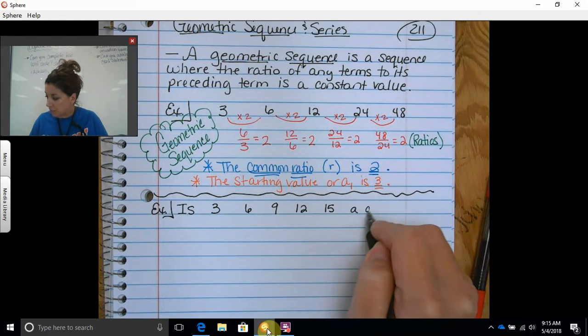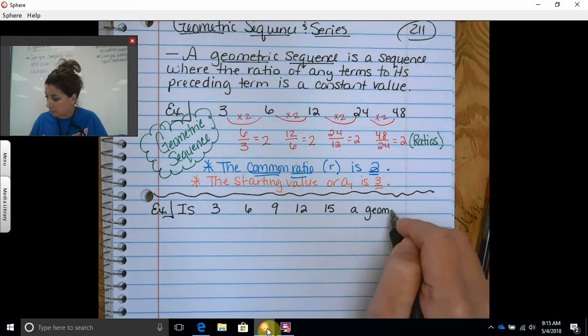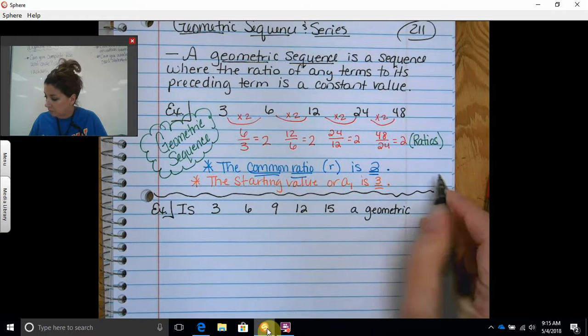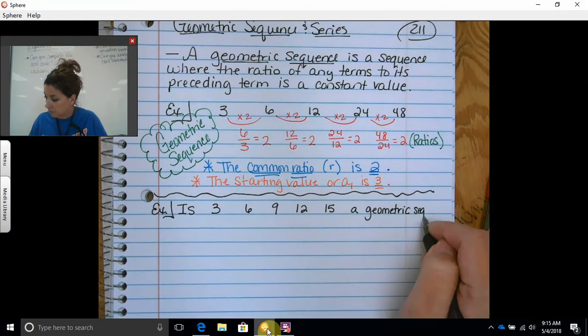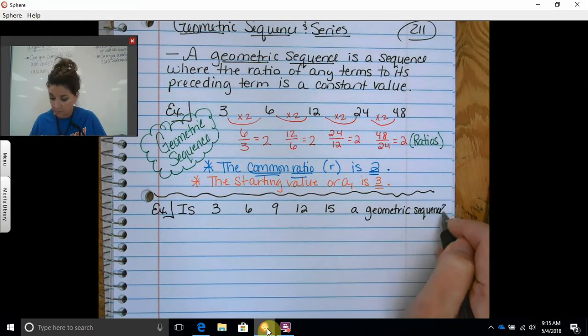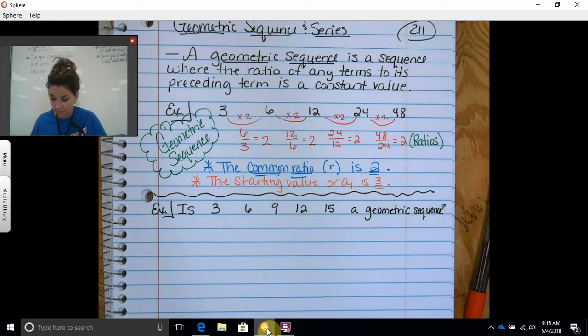A geometric sequence? Why not? Say it again.